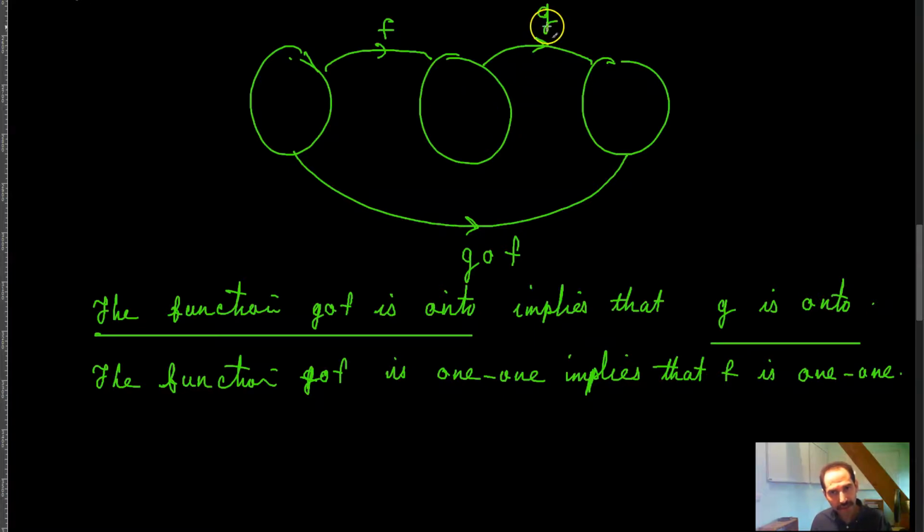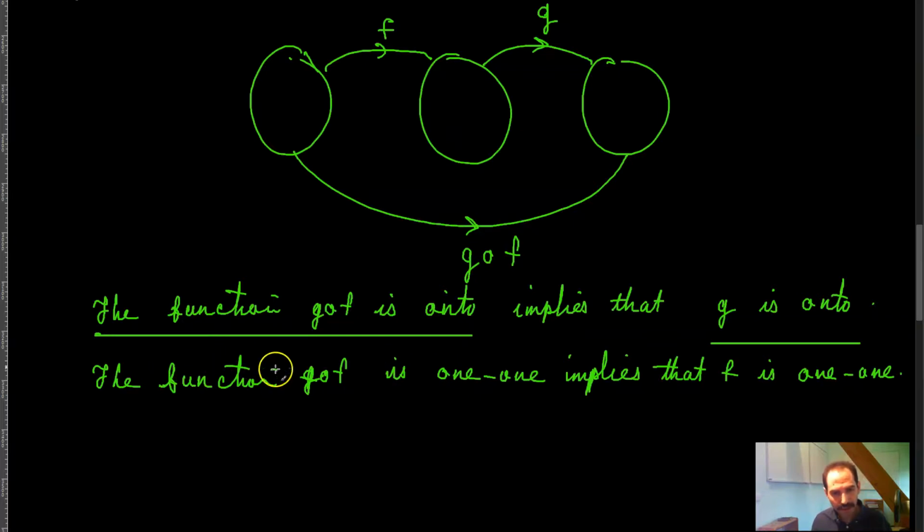But provided that g exists in such a way that g of can exist, and provided that f exists at the same time as well, then provided that f is 1, 1, then basically g of will be 1, 1.